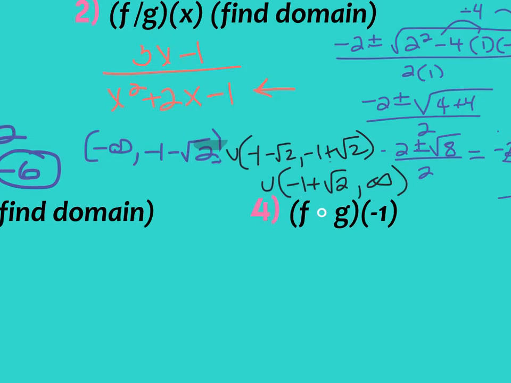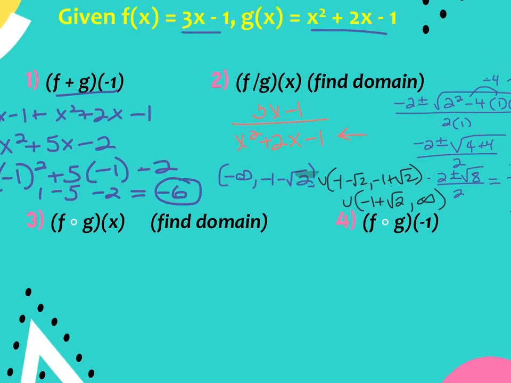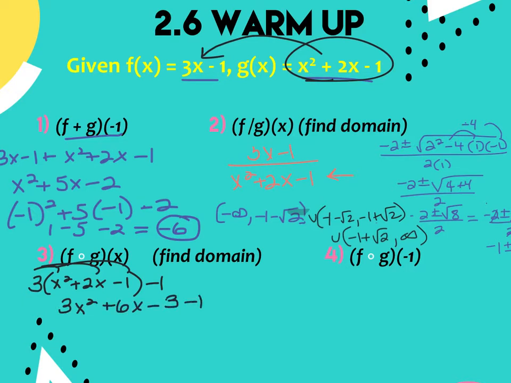Quadratic formula. All right, f of g of x. So this time I am taking the g and I am plugging it into the f. So I would get 3 times x squared plus 2x minus 1, distribute the 3, 3x squared plus 6x minus 3 minus 1, 3x squared plus 6x minus 4.